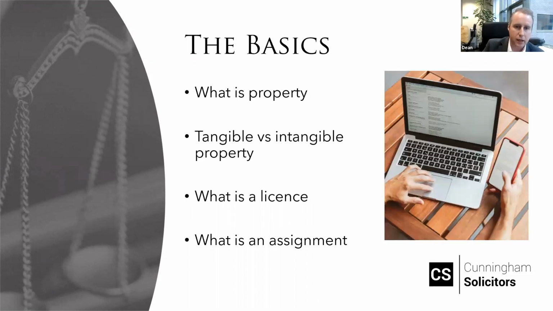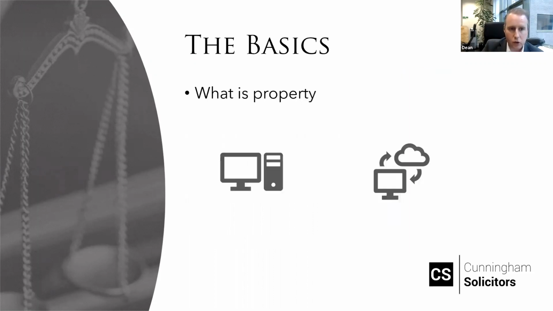Okay, so the basics. Before we move forward, to truly understand software licensing, it's good to pause and understand basic property law principles. So what is property? Legally speaking, what exactly is property? We often use the word property in day-to-day parlance and not really understand the exact legal connotations of what we're saying.